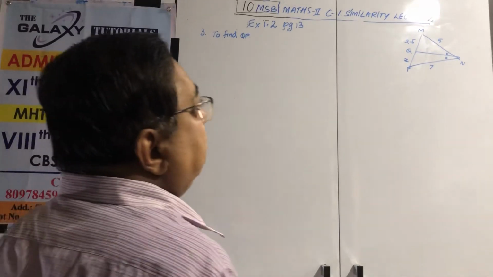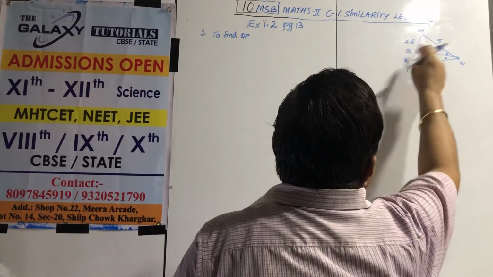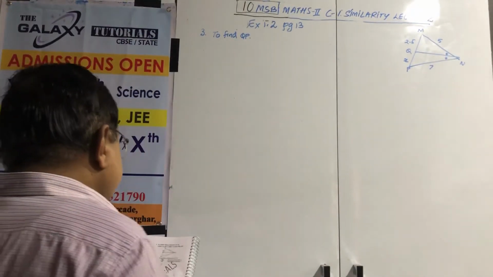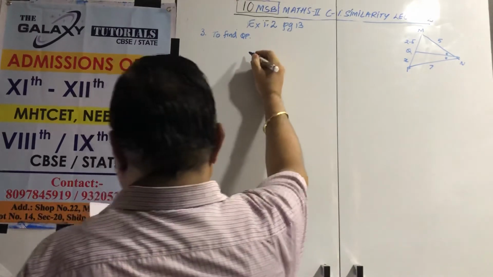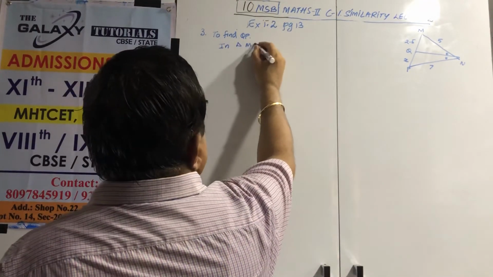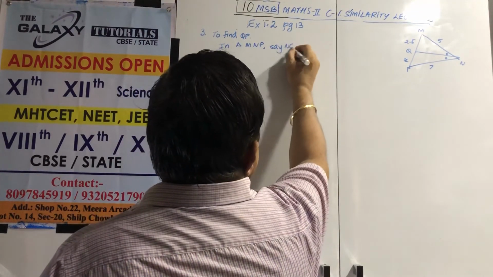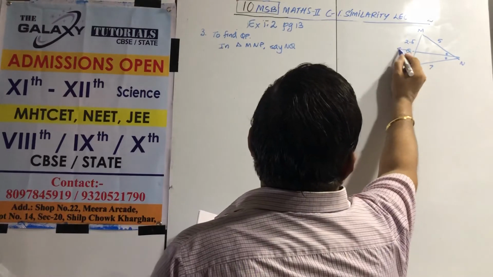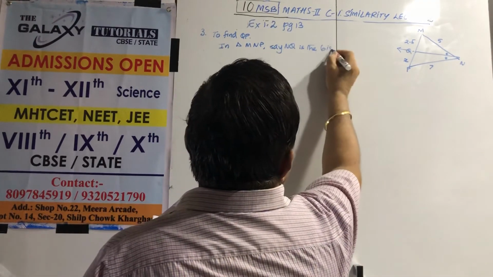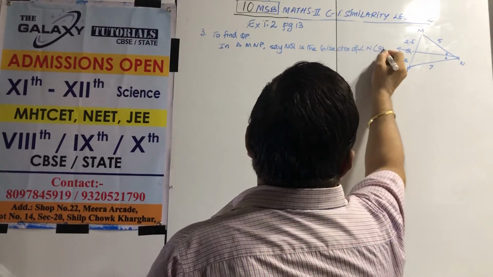My friends, turn the diagram and you will see that 1 upon 2 is equal to 3 upon 4. It will become the simple angle bisector theorem. Now, how to write? In triangle MNP, ray NQ is the bisector of angle N, given.